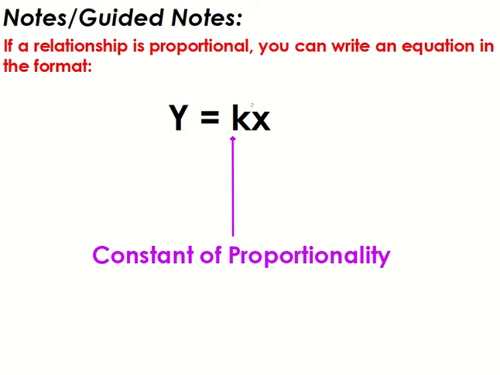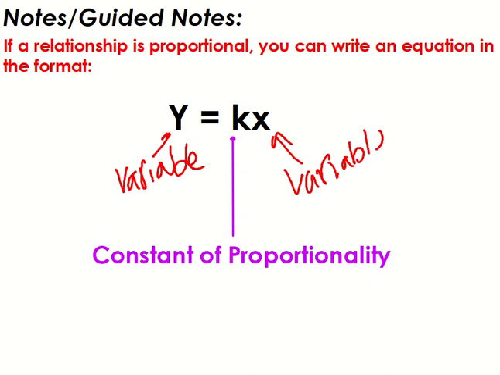The only number we're going to actually have is the k. The k is only going to be the one with the number. y and x are going to just stay as variables. Okay, so this is going to stay as a variable. This is going to stay as a variable. And this one will be a number.